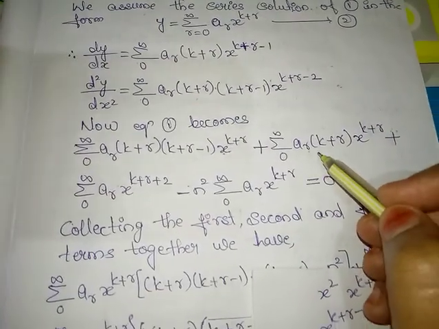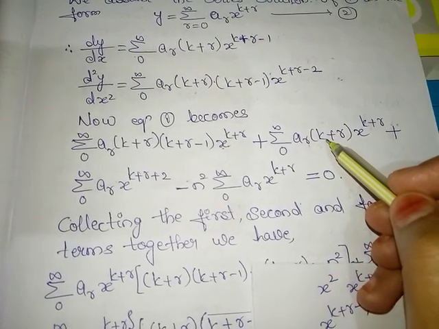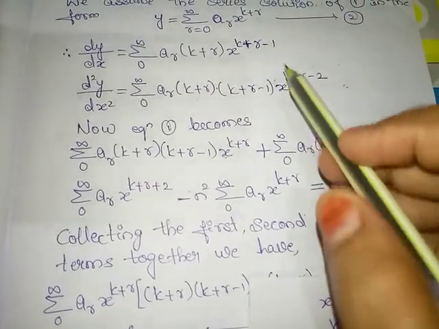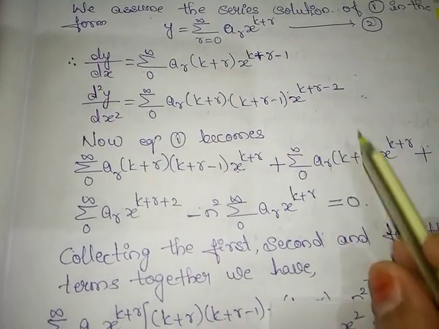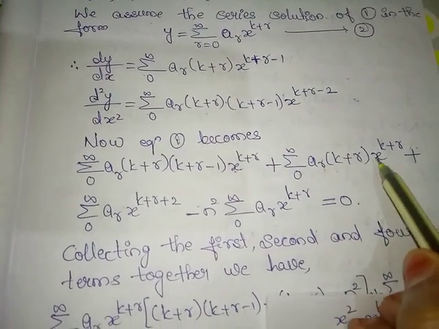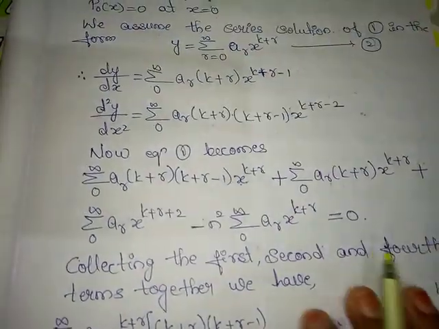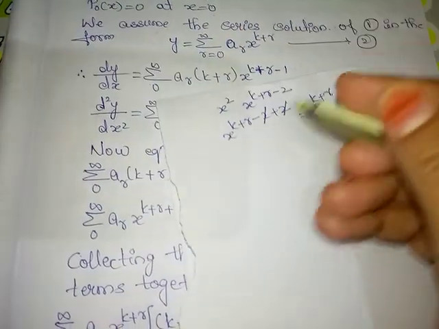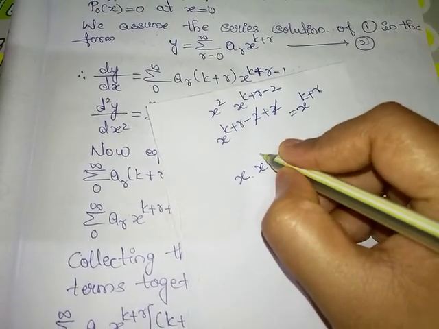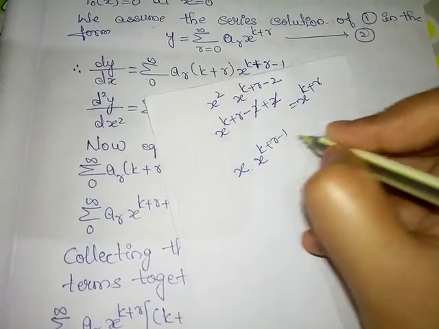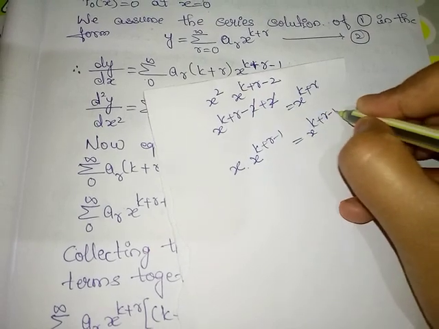Next, similarly for the second term, we have in the equation x into dy by dx. Dy by dx is this one, right? Summation r running from 0 to infinity a r k plus r x raised to k plus r minus 1, and we know that dy by dx has the coefficient x here. When we multiply x into x raised to k plus r minus 1, it will be x raised to k plus r minus 1 plus 1.